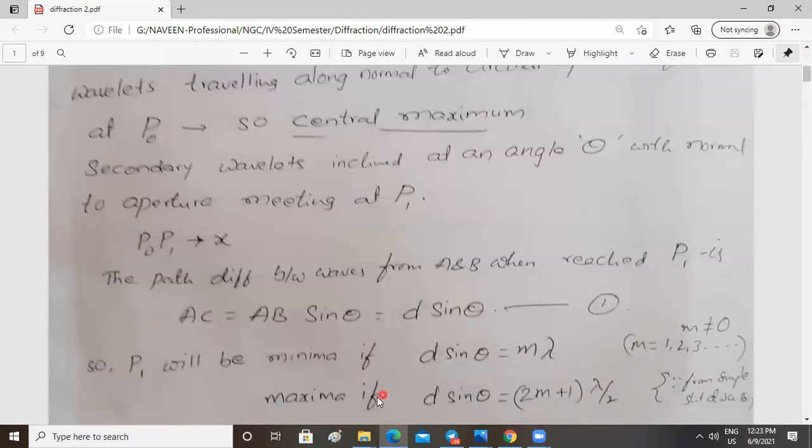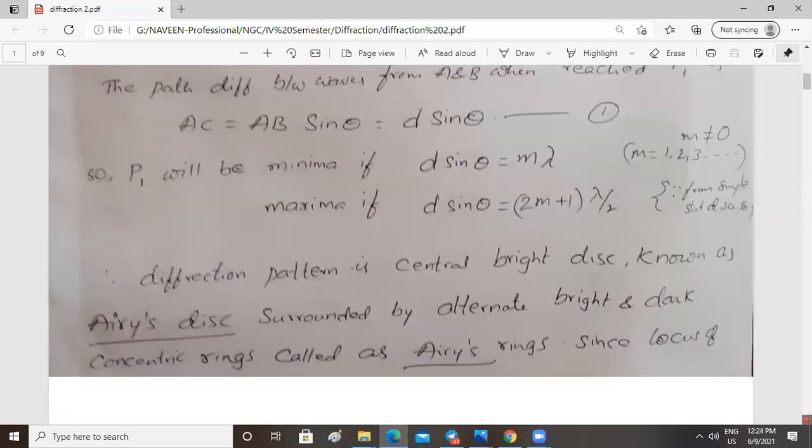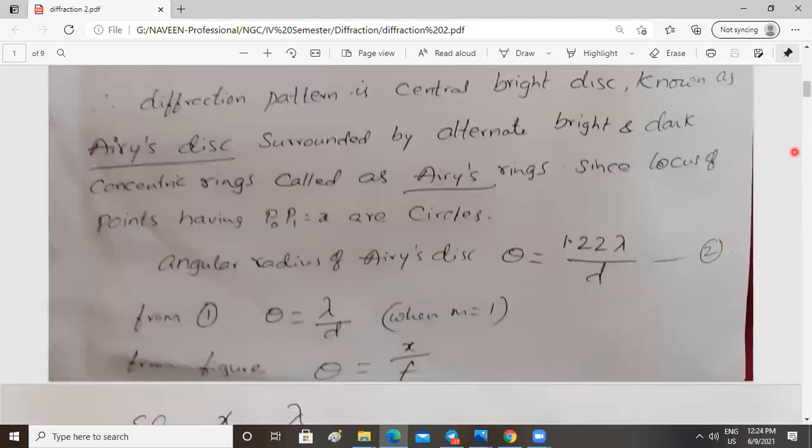When theta is a very small value, we can say sin theta is equal to theta, then it becomes d theta is equal to m lambda. If m is equal to 1, that means first order minima. For first order minima, this equation becomes d theta is equal to lambda. From there we can say theta is equal to lambda by d.